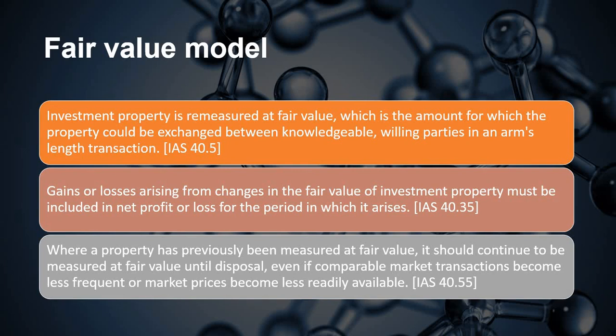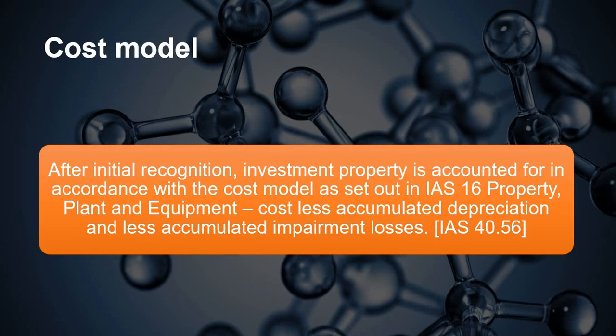Ayan. Now, ano naman yung cost model? After initial recognition, investment property is accounted for in accordance with the cost model as set out in IAS 16, property, plant, and equipment. So, that's going to be cost less accumulated depreciation and less accumulated impairment loss. Kung ano yung cost mo at initial measurement, yun yung gagamitin mo using cost model.